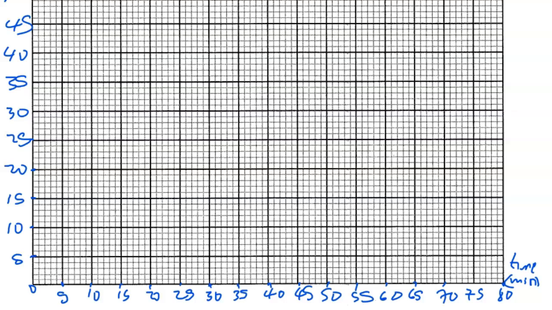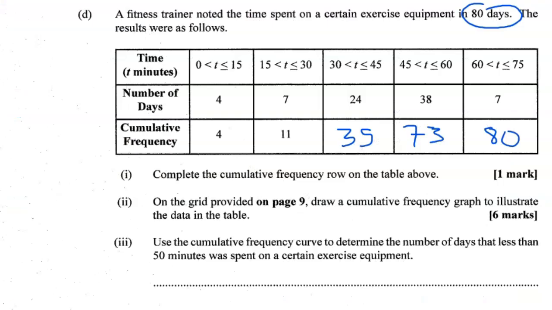So let's plot our points now. We're plotting the upper boundary, the upper limit, versus the cumulative frequency. Let's check our table. There are two first points we're going to plot. Remember, it's time versus cumulative frequency.